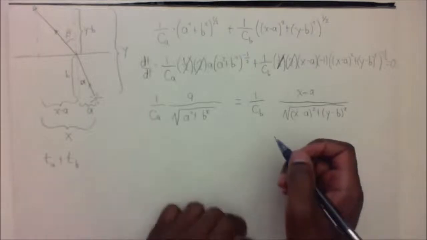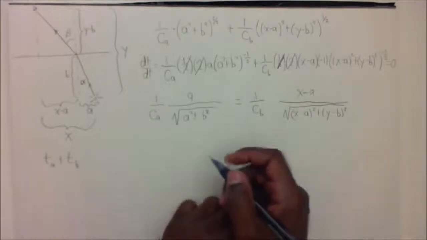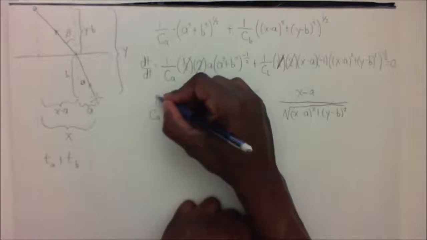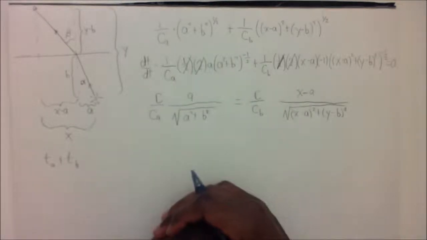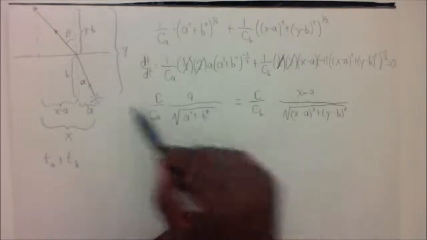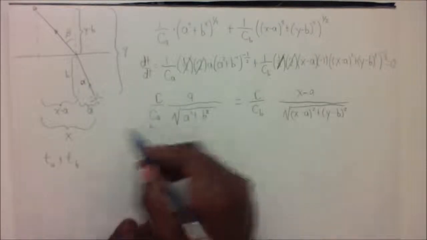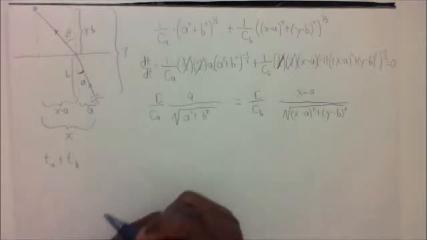Now that we have that, I'm just going to multiply both sides by the speed of light, c, and we'll see where I'm getting there. If we look at a divided by the distance, the square root of a squared plus b squared, that is basically the sine of alpha.